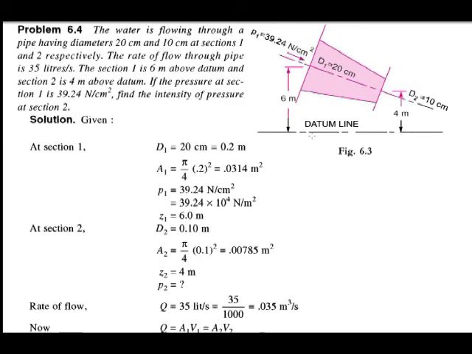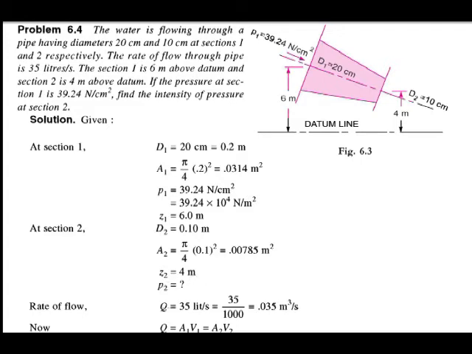For section 2, the diameter is 10 centimeter, meaning 0.10 meter. Then the area at section 2 is pi by 4 into 0.1 square, which is equal to 0.00785 meter square. Then Z2 is equal to 4 meter.